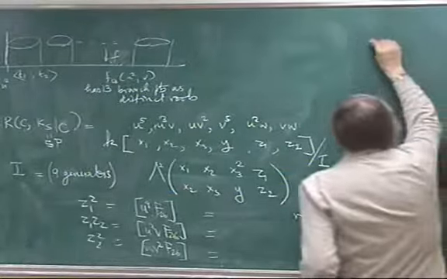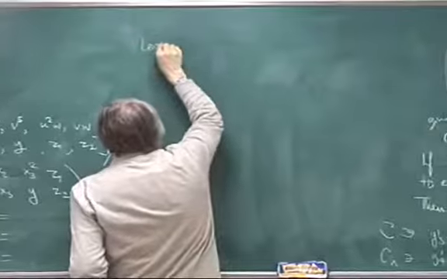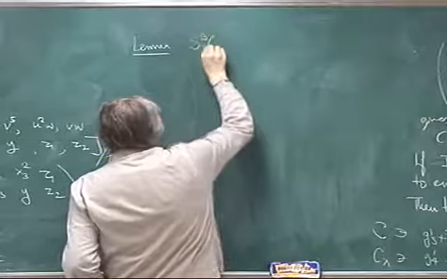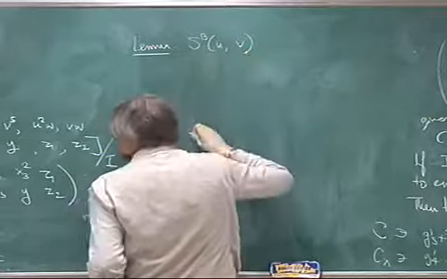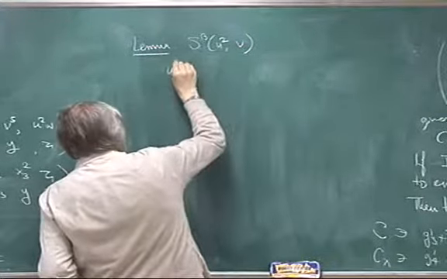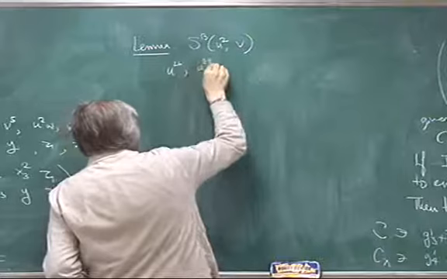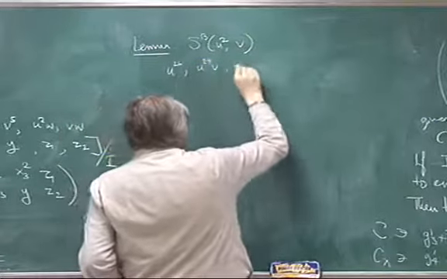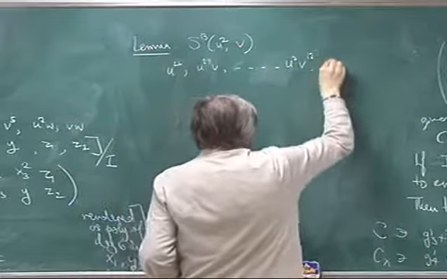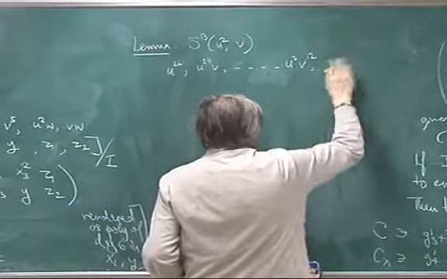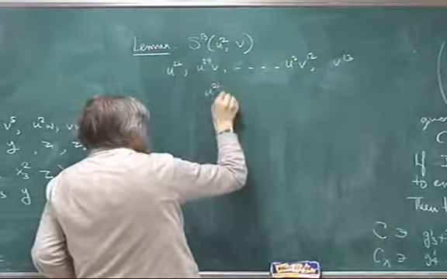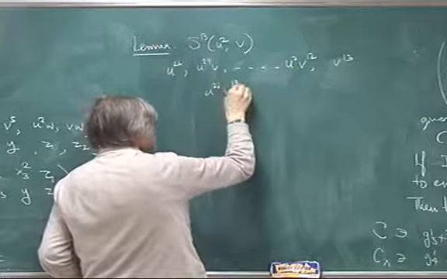So I claim a lemma. I write S13 of u squared v. So this is the set of monomials u to the 26, u to the 24th times v, and so on. I think you can all figure out what's going on. U squared v to the 12th, u v to the 13th. So the general term, u to the 2i, v to the 13 minus i.